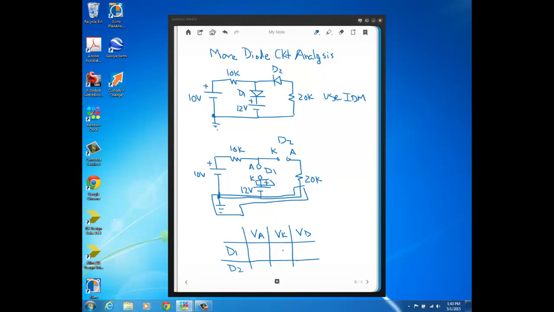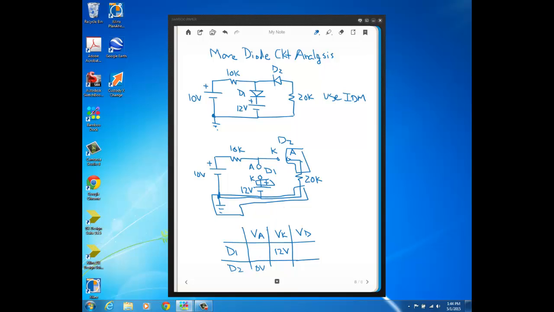So VK for D1 is just 12 volts. Then we come over here. Let's do this node next. The voltage at this node with respect to ground is just the voltage across the 20K, and there's no current flowing through the 20K because of this open. So there's 0 volts across the 20K. So VA for D2 is just 0 volts.